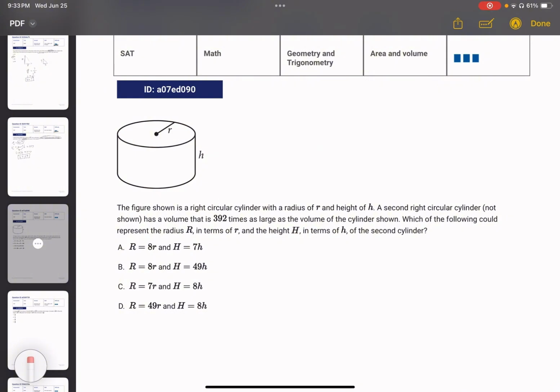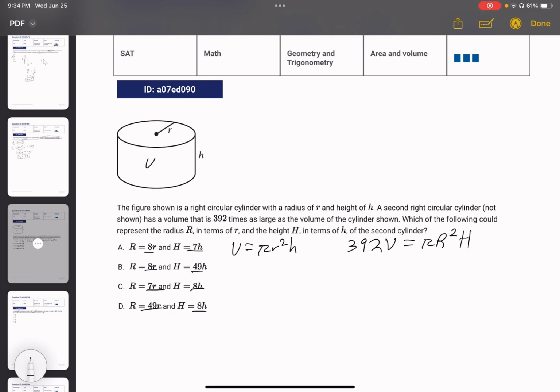So we know that the volume of a cylinder, once again, is pi r squared times h, and that's the volume of this one over here. And we know that the new cylinder is 392 times the volume, and it's pi big R squared times big H. So we need to plug in these values for all of them and see what we get.